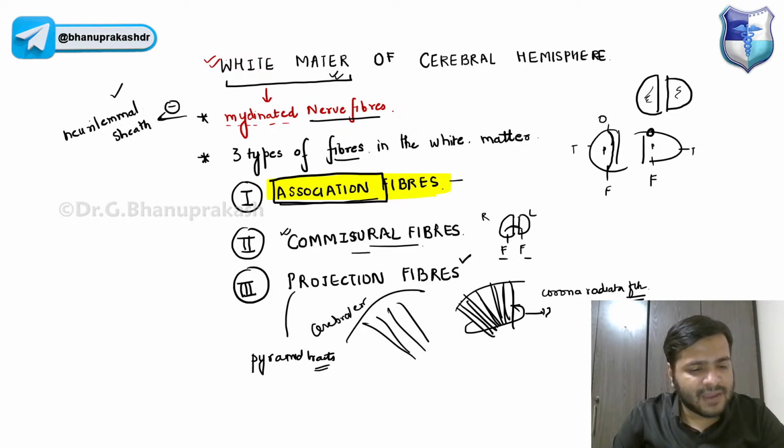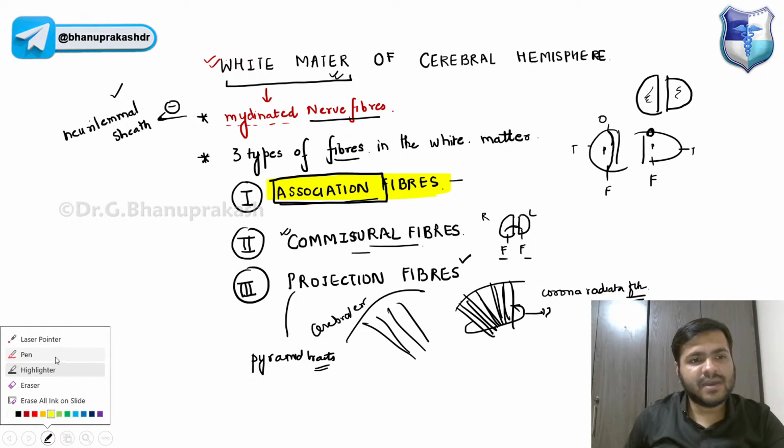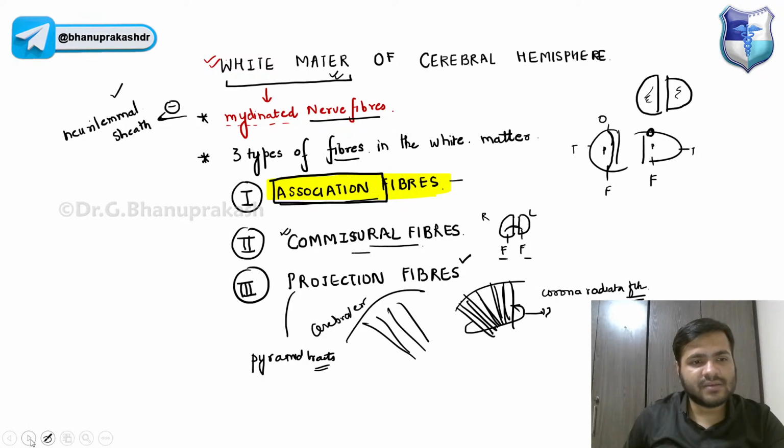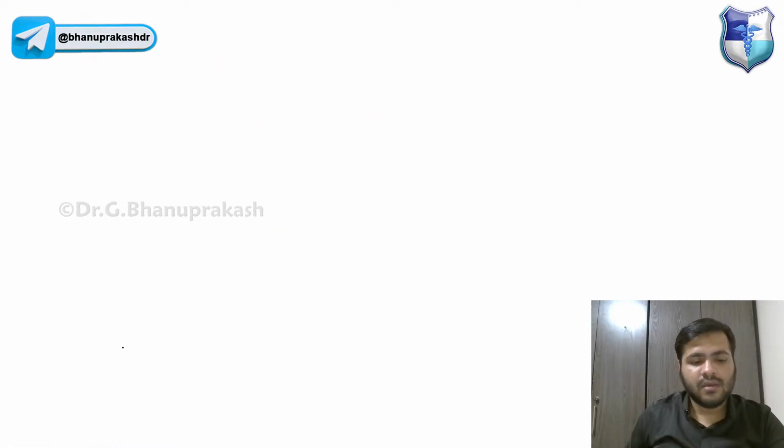The three types of fibers that we have to study in this white matter. Just give me a thumbs up if the classification is clear to everyone. Now the classification is understood. Let us discuss it one by one. The very first one that we are going to discuss is the association fibers.